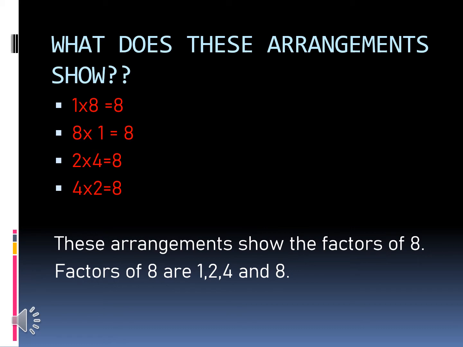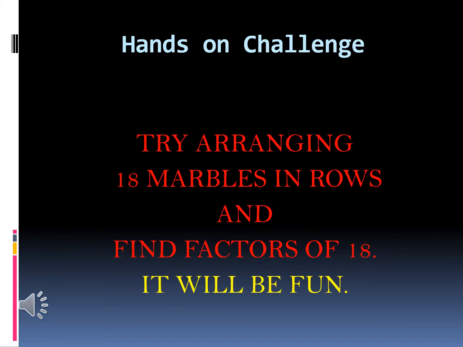You should look at the number and you should be able to check whether it is divisible by 1, 2, 3, 4, 5, 6 and so on. So divisibility rules will help you to understand which all numbers exactly divides a given number, and you can find the number's factors easily. Now as a practice, try arranging 18 marbles in rows and find factors of 18. It will be fun for you.